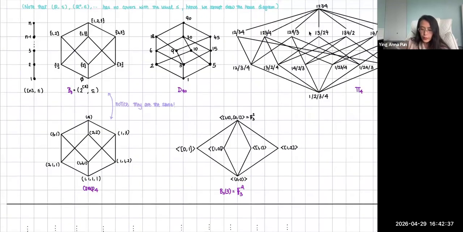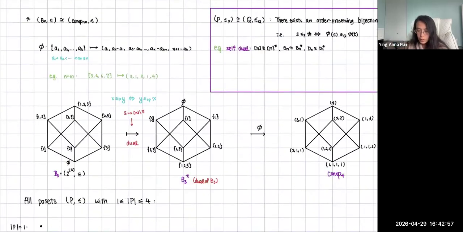From now on, instead of thinking of the composition poset and the Boolean poset as different things, I'm just going to say that they are the same. So if I know anything in here, I know everything in here, and vice versa. So I'm going to just focus on the Boolean algebra instead of treating them as different.